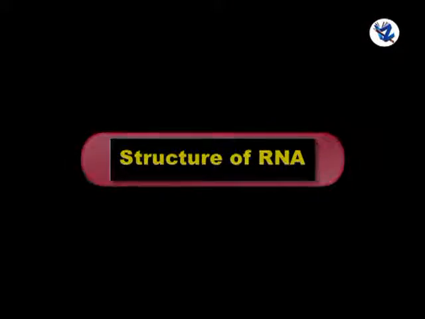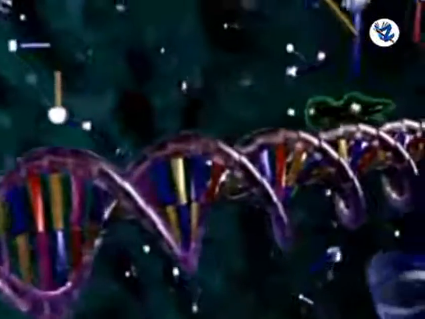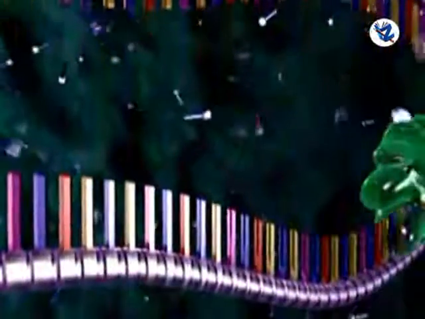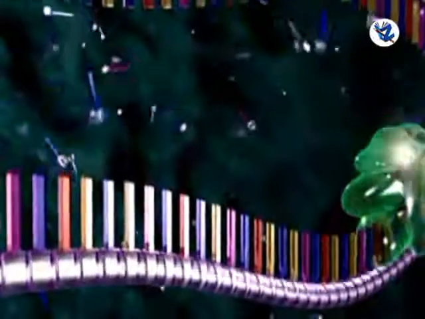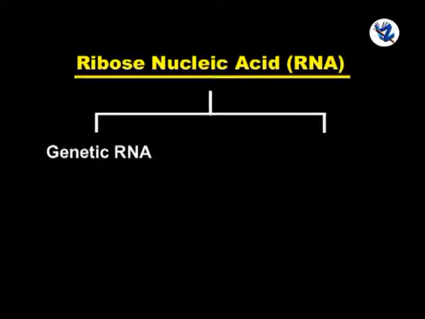Now the structure of RNA. It is single-stranded and the strand may be straight or variously folded upon itself. The nitrogenous base thymine is replaced by uracil in RNA. The first RNA is genetic RNA and the second one non-genetic RNA.